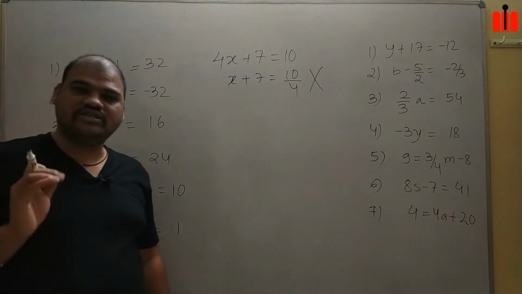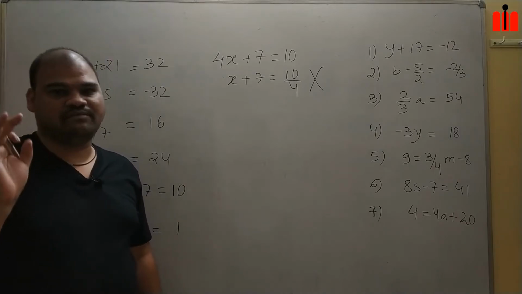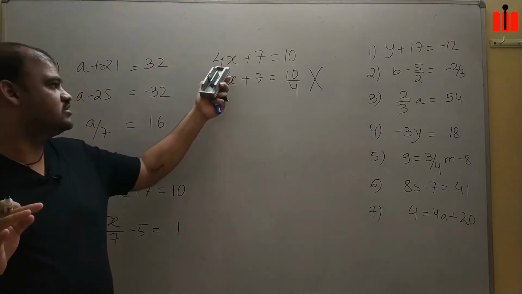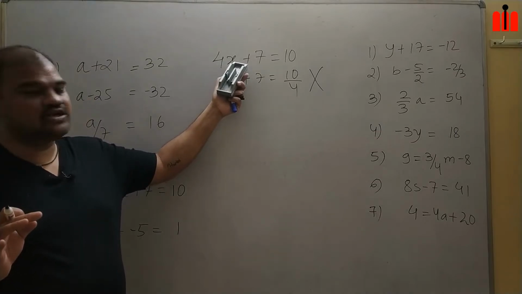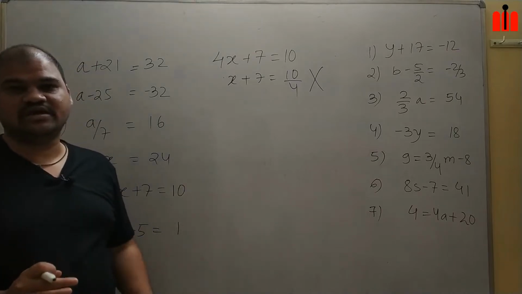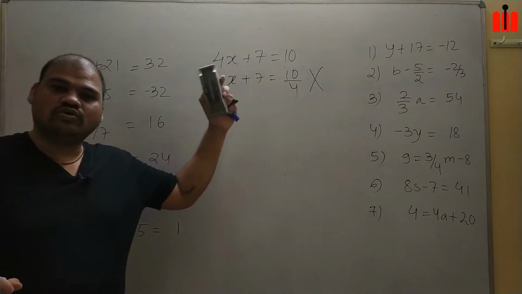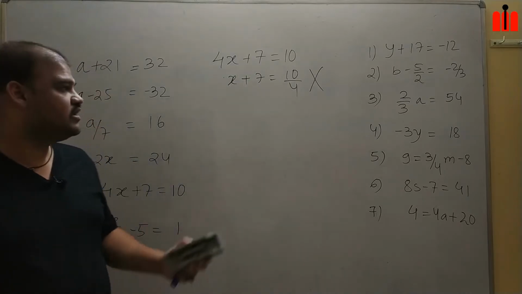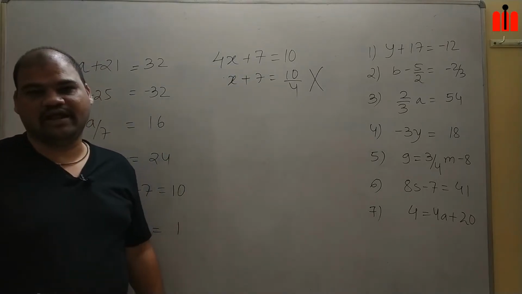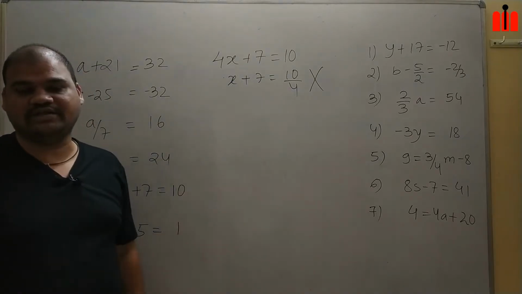This is always the problem with division and multiplication. Whenever something is multiplied, like with x, you have to take it common and make it the entire LHS. The entire LHS is 1 unit, the entire RHS is 1 unit. Only after that can you transfer it. You can't transfer it directly from 4x to 4 over the RHS.